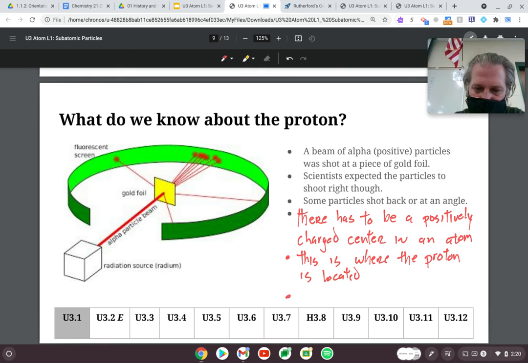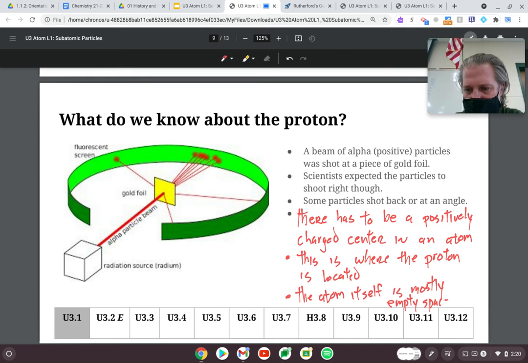So what I mean by that is that if the center of the atom is this positively charged nucleus and the electron is way out here, there are no particles in between the positively charged nucleus and the electron itself.